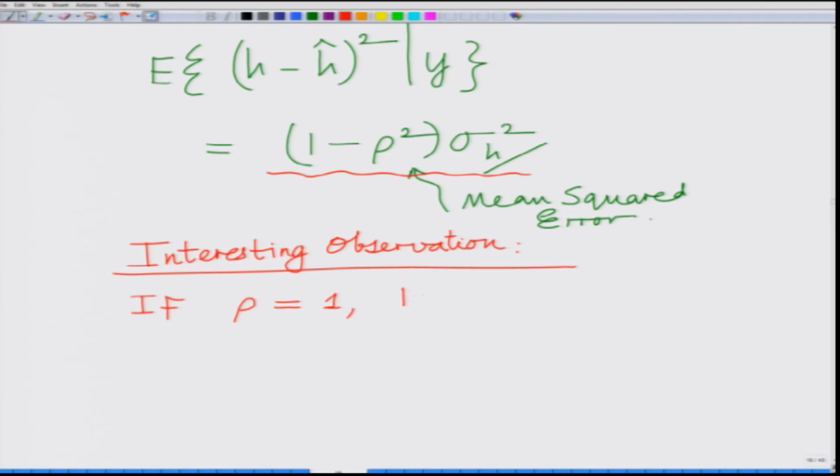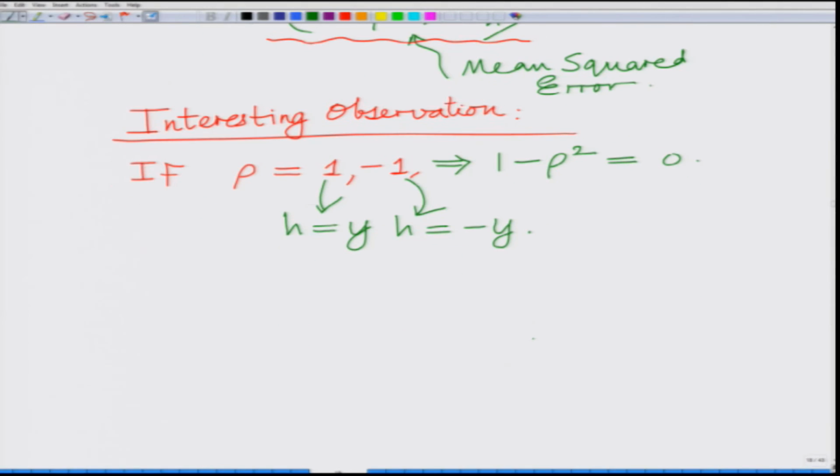So, if rho equals 1 or for that matter -1, this implies 1 minus rho square equals 0. So, in this case what we can see is h is basically equal to y or h is basically equal to -y. h can be perfectly estimated.